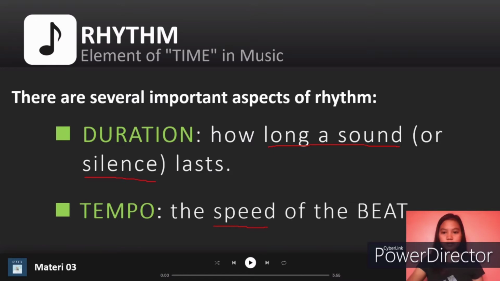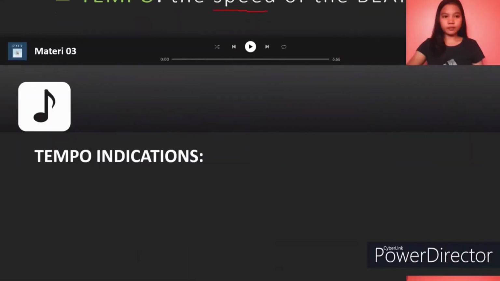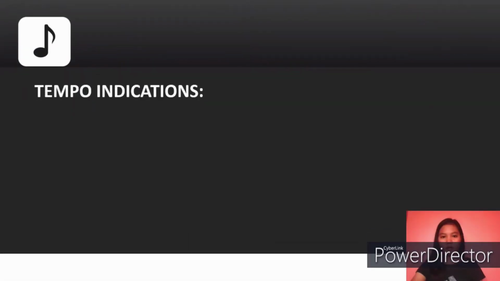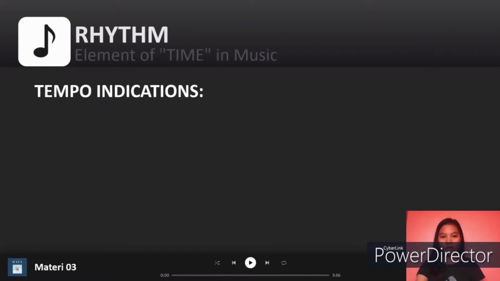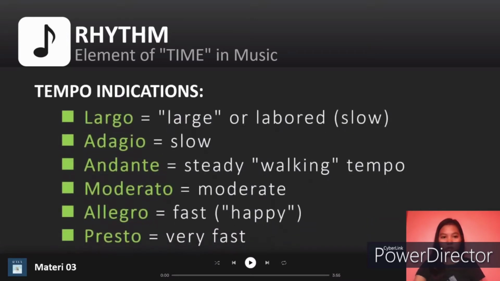Next. So, mayroon naman tayong tinatawag na tempo markings or tempo indications. Ito yung mga Italian terms nila, and yung nasa kabilang side naman is yung kanilang English terms.